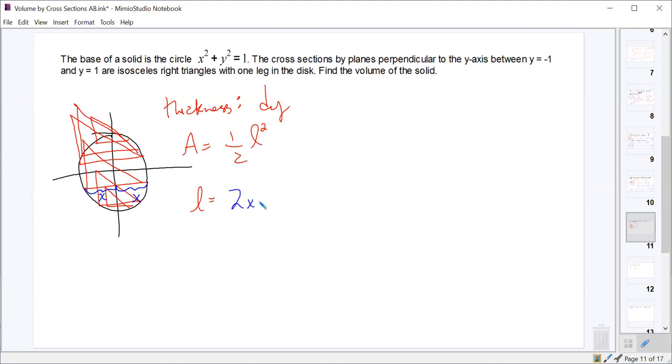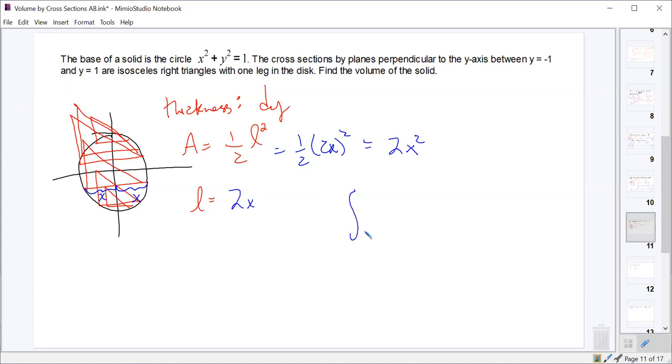I agree. All right, so if our length is 2x, then what does our area become? 1/2 of 2x squared, which should become what? 4x squared divided by 2, so just 2x squared then in the end? Good or no? Good.